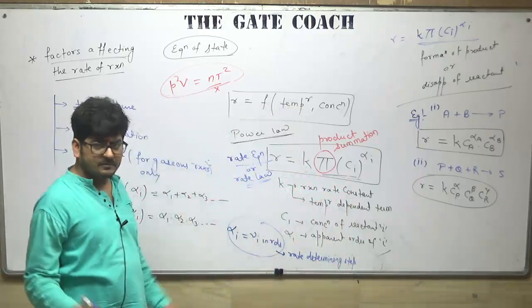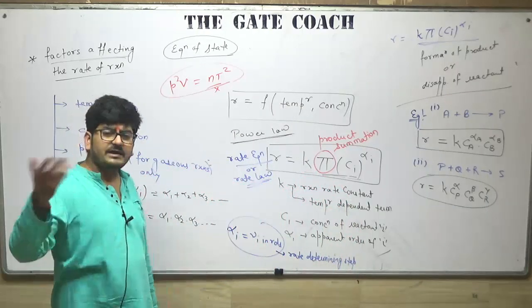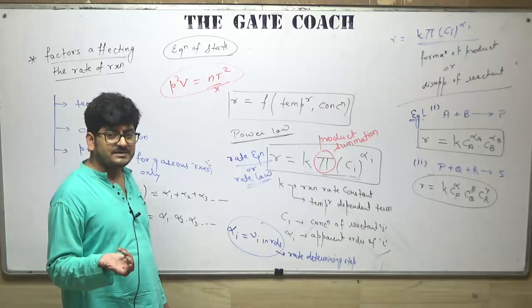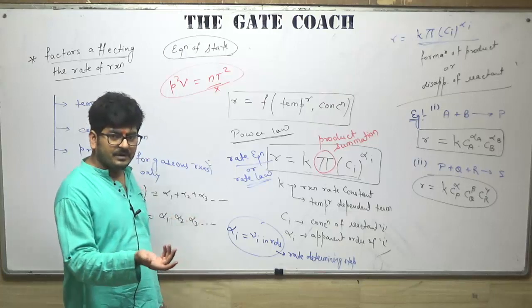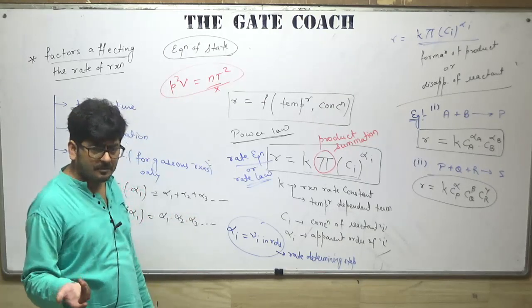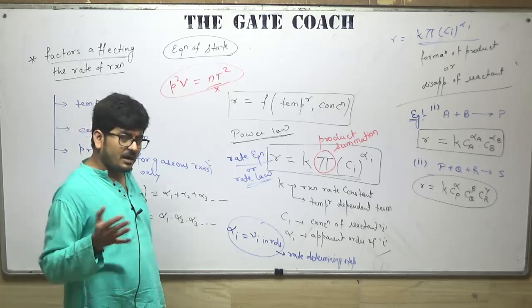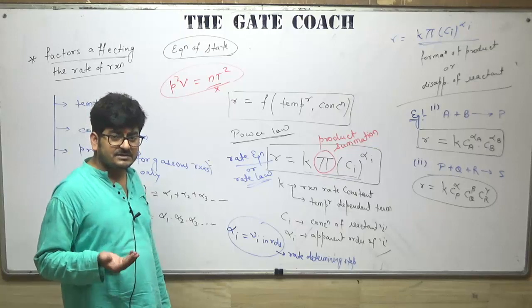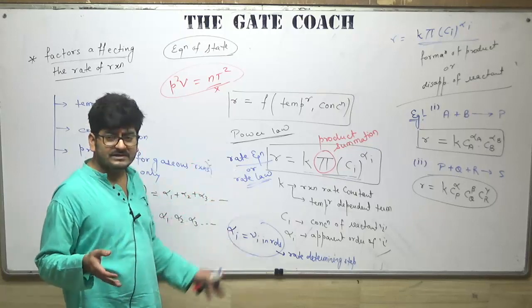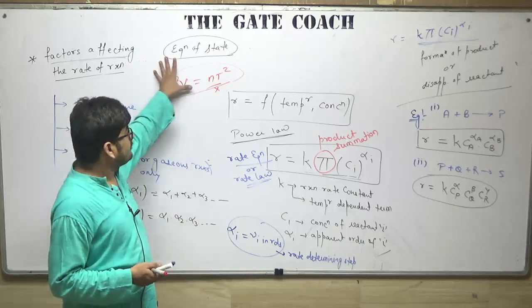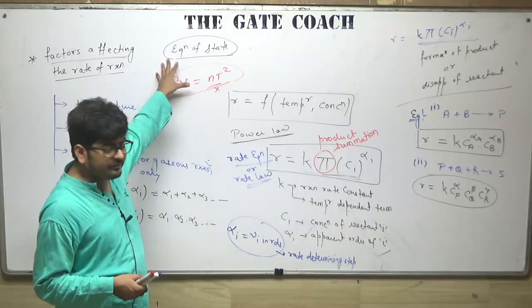Like in organic chemistry, we used to memorize chemical reactions by their names, like what is the Ziegler-Natta reaction, what is the Haber process. Similarly, now in chemical engineering, we have to memorize equations and formulas by their names. So, equation of state, I hope it is clear to all of you.